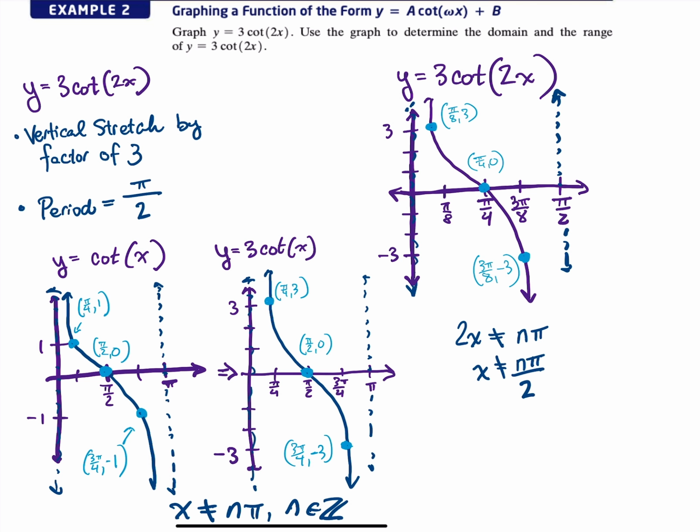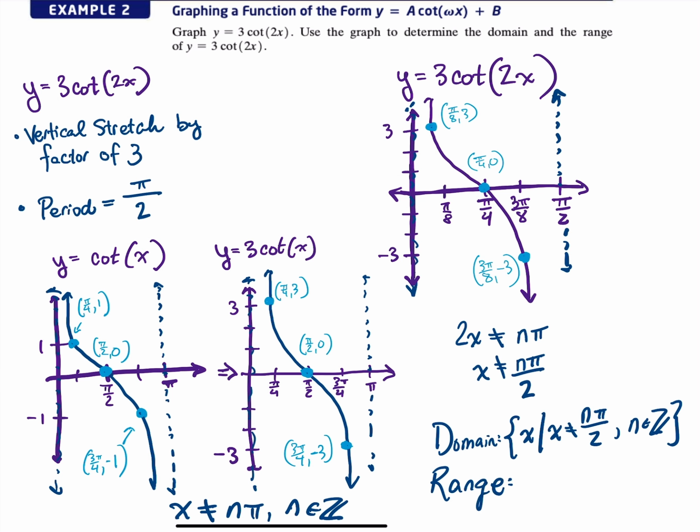So let's use that. We'll say our domain will be all values of x such that x is not equal to n pi over 2, multiples of pi over 2, where n is an integer. And then the range, even though this has been modified, the range is still from negative infinity to positive infinity.